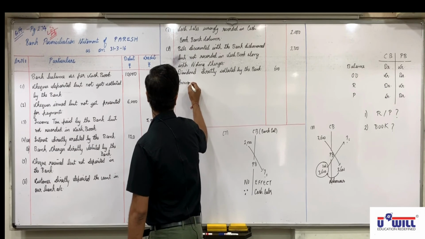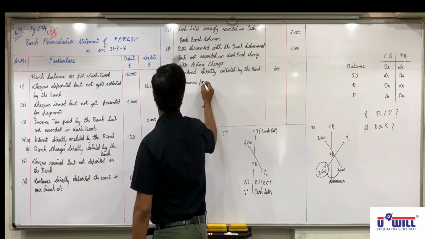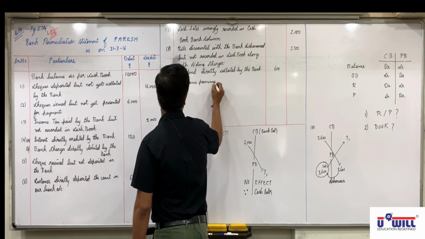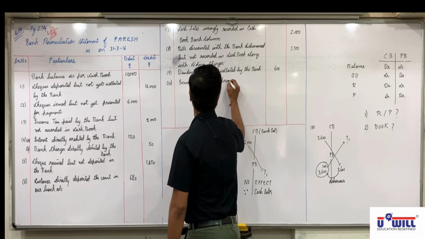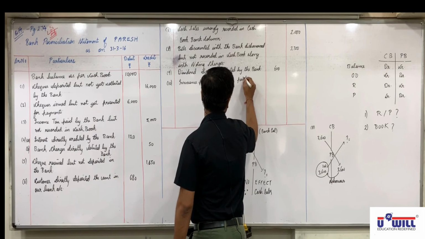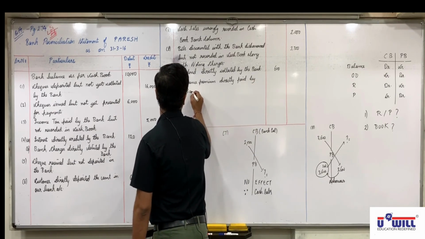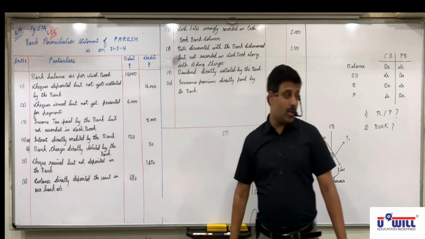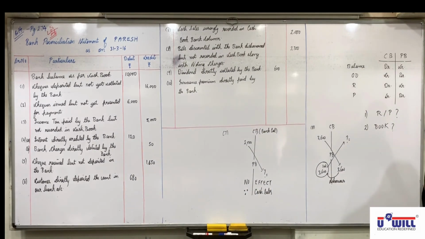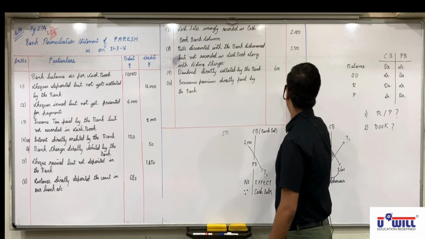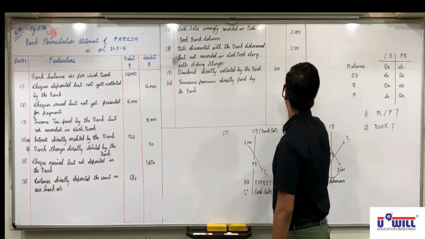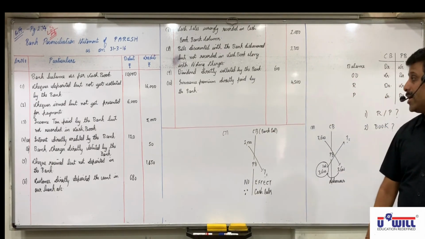Insurance premium directly paid by the bank. So 4,500 is debited in passbook but not credited in cash book, so credited DRS.